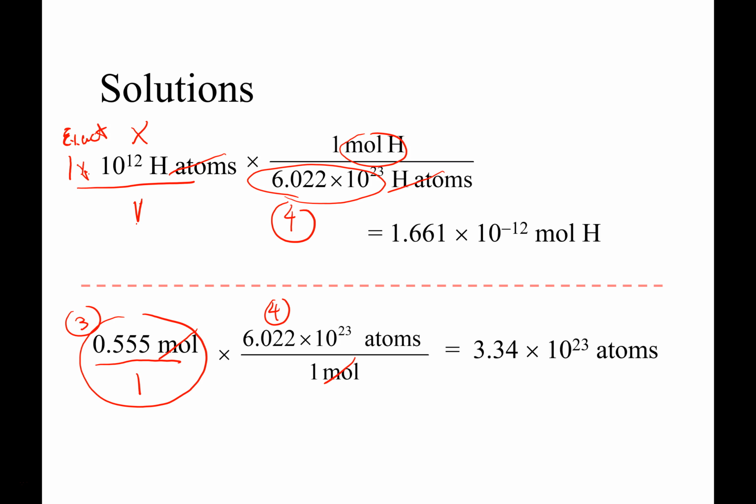Now, working all science problems like this, chemistry or biology or physics, you want to say, does that seem reasonable? Does that make sense? Well, I have less than a mole, about a half a mole, and over here I'm ending up with, instead of 6.022 times 10 to the 23rd, 3.34 times 10 to the 23rd. It's reasonable.